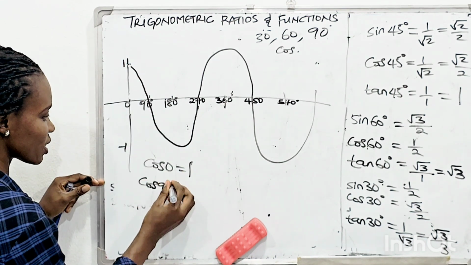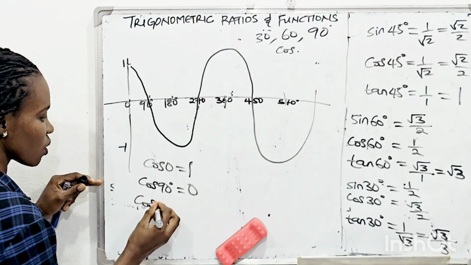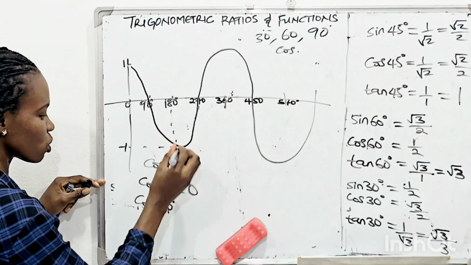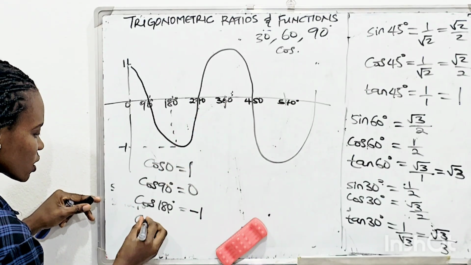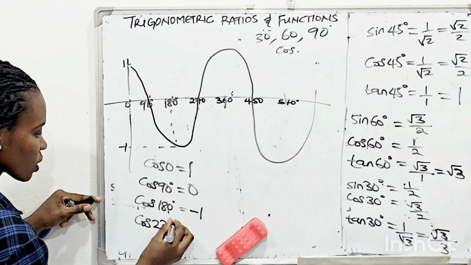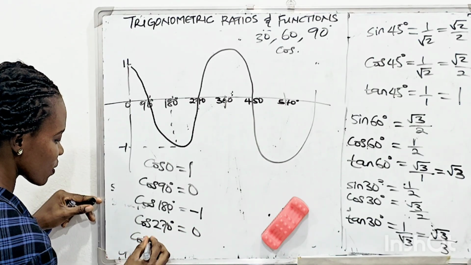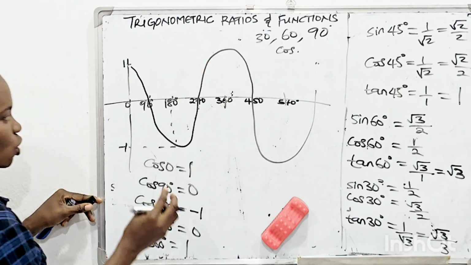Cos 90 degrees is equal to 0. Cos 180 is equal to minus 1. Cos 270 is equal to 0. Cos 360 degrees is equal to 1. So you will see something.